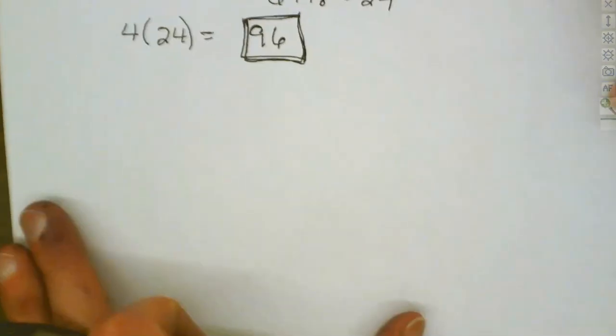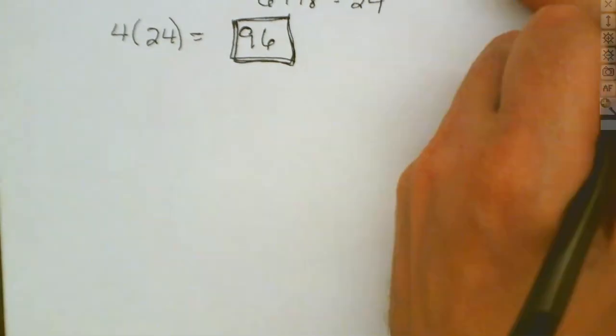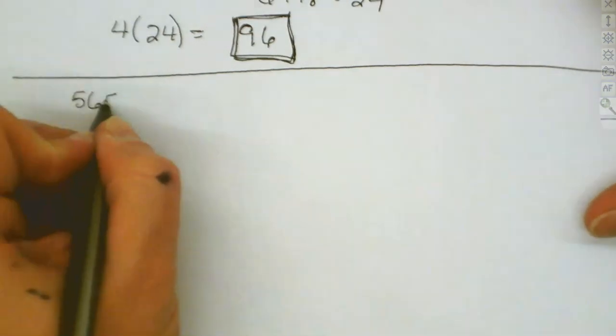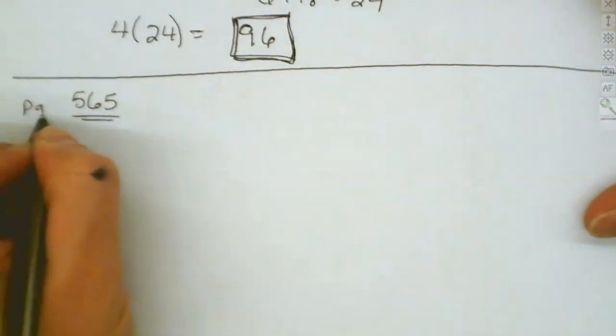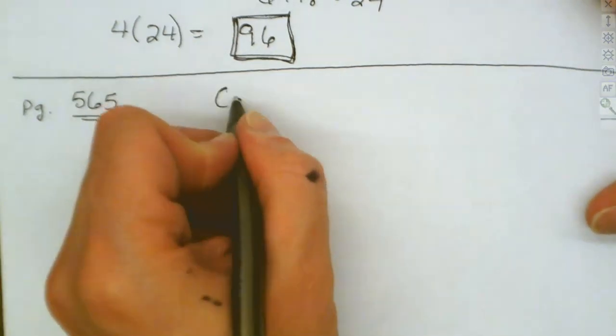For Cramer's rule, we've got to find these different determinants. So Cramer's rule is back here on page 565. We're going to talk quickly about Cramer's rule.